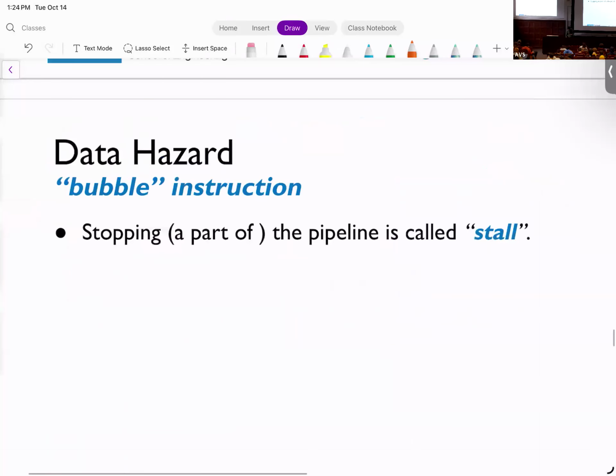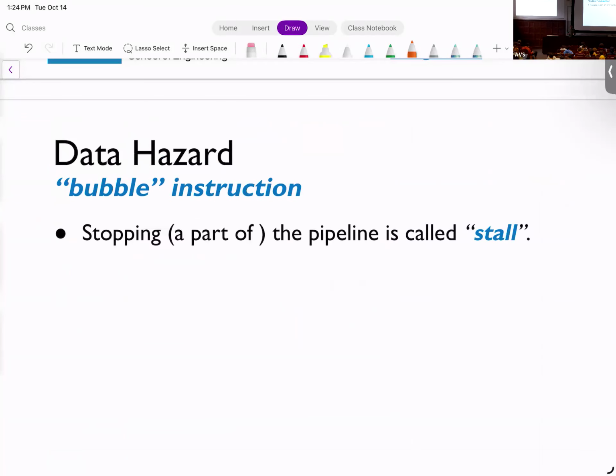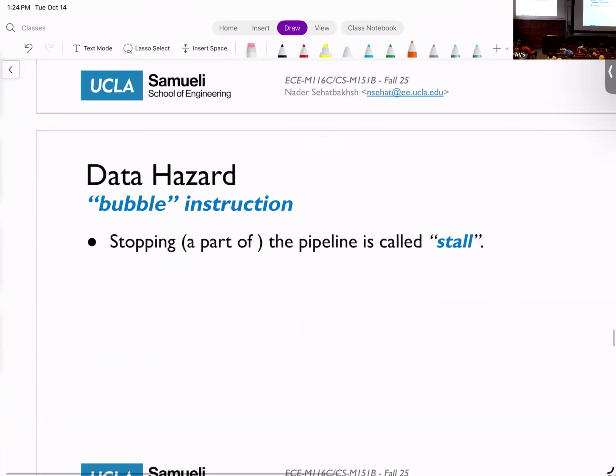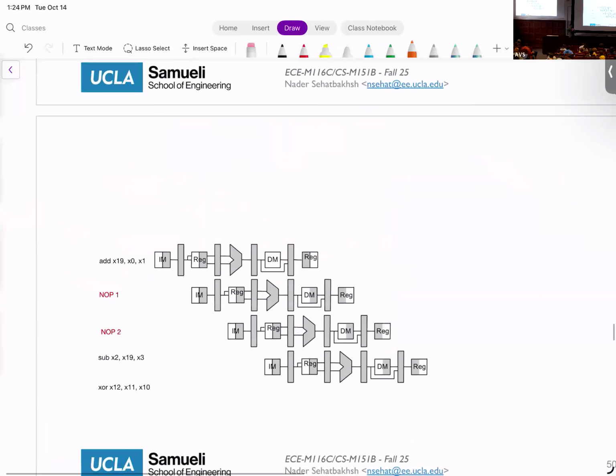All right, so just reviewing what we just said: stopping part of the processor is called stalling. So when you hear the word stall, it means that you're partially stopping the processor. But as you have seen, technically we're not stopping the entire processor, right? We are stalling the fetch and decode, but we let execution, memory, and write back move forward because we want to, at some point, allow the add instruction to reach write back.